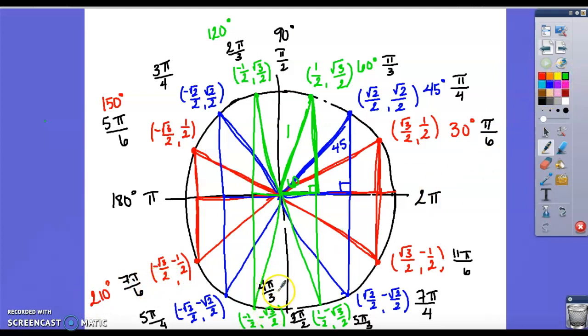Okay, this angle down here would be 240 degrees. Okay, this one that's straight down is 270 degrees. Okay, this angle right here is 300 degrees. Okay, this one would be 330 degrees. And then all the way around would be 360 degrees, which is also 0 degrees.